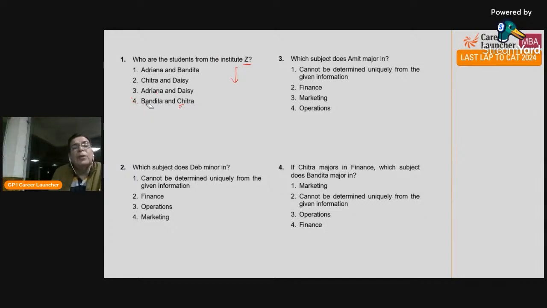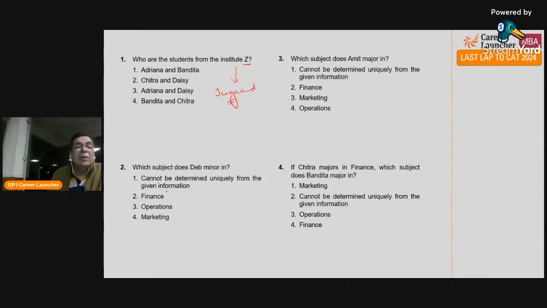So this is a good question to have, because as I keep solving that set, whenever I get information about any one of these people, either Edwina Bandita or Chitra Daisy or Edwina Daisy or Bandita Chitra, I will come back to this question and eliminate choices. So there's a kind of a jugaad question for me, and I will use it.